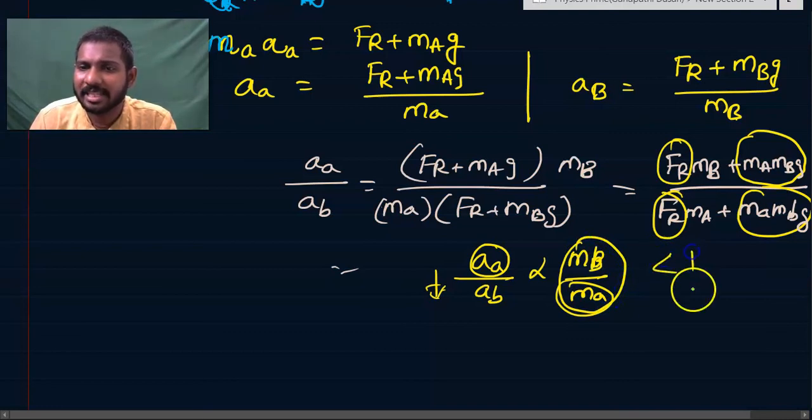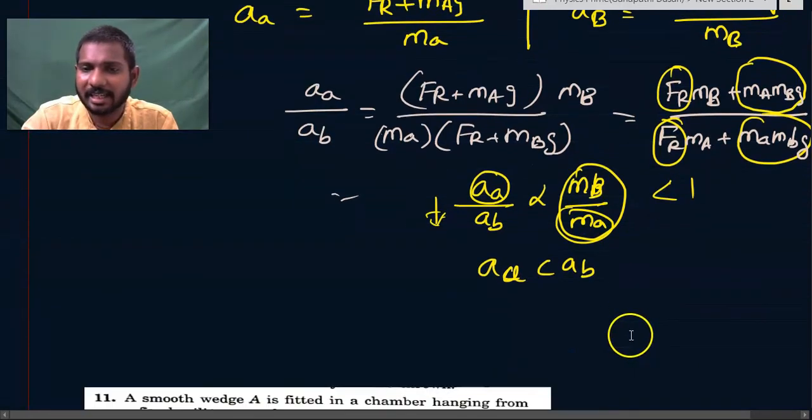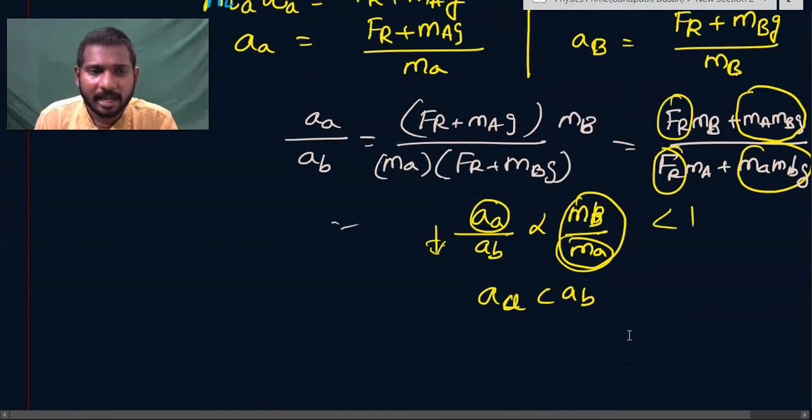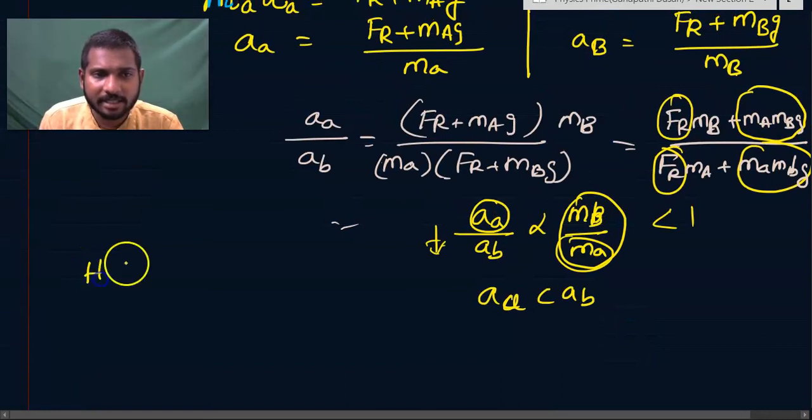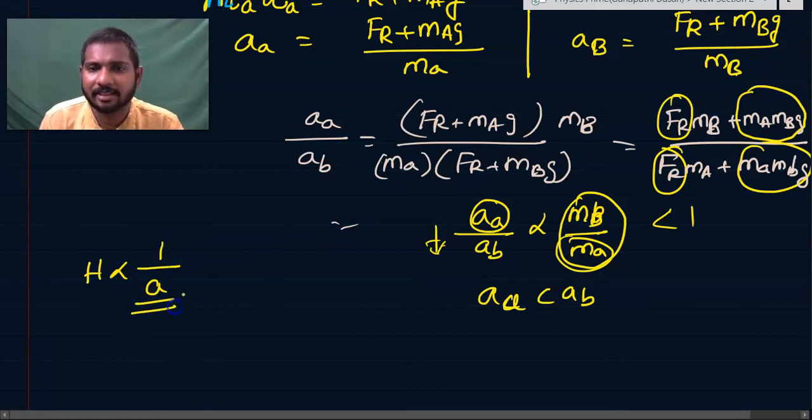If this fraction is less than 1, that means aA is less than aB. So if you directly understand the question, H is equal to U square by 2G effective, which means H is inversely proportional to acceleration. Because aA is less, HA will be more.